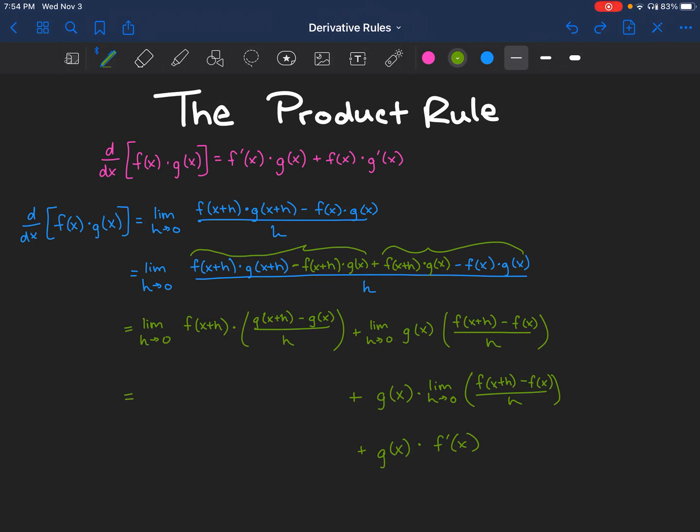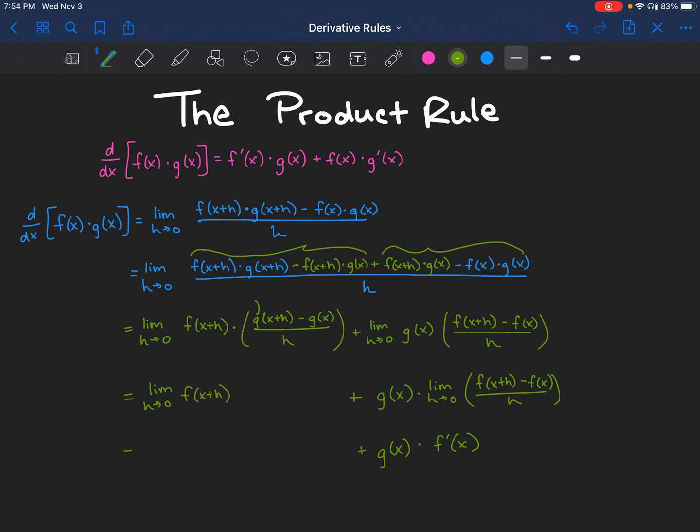The other thing that I'm going to notice over here is that this g of x plus h minus g of x all divided by h is essentially my derivative of g of x. So the only thing I really need to worry about here is this first part, the f of x plus h. Well, if h is headed toward 0, that's going to head toward f of x. So let me write that down, f of x plus h.